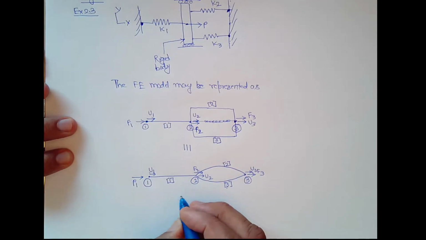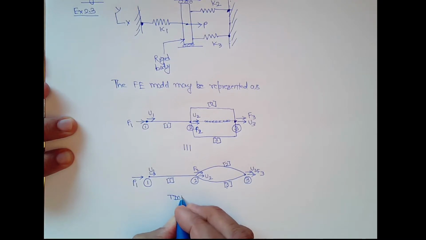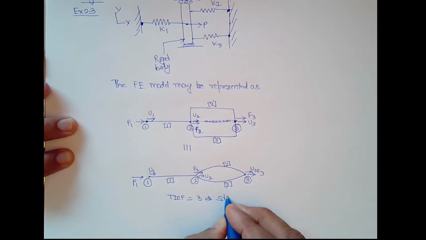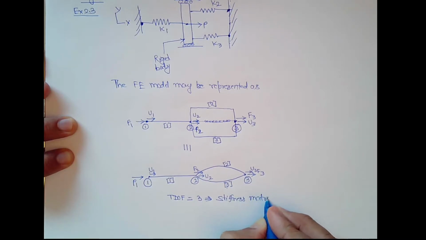So what is the total degree of freedom? The total degrees of freedom are U1, U2, and U3, which is 3. This implies the stiffness matrix will be 3 by 3.